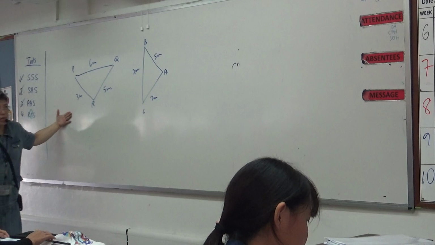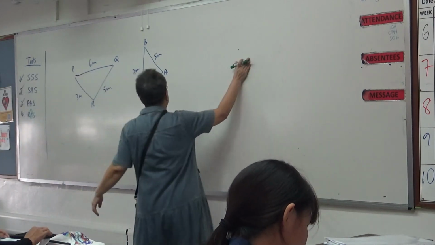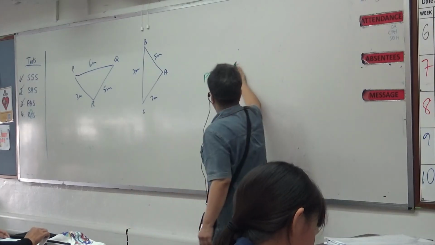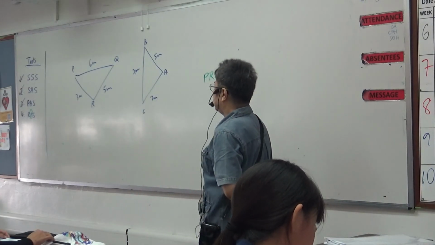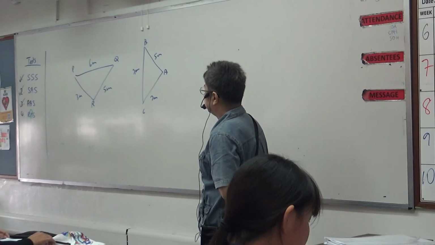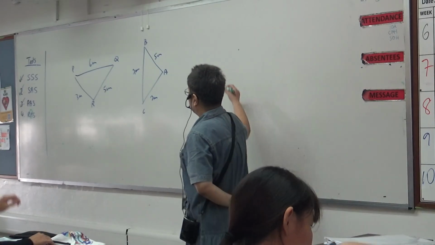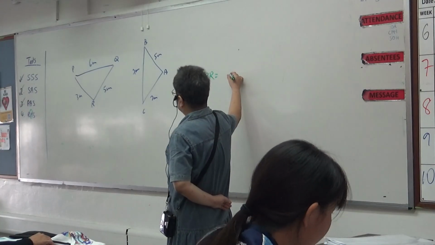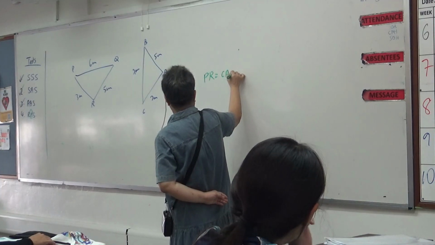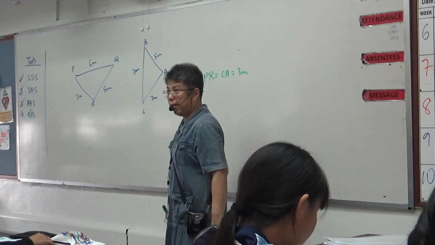Okay, but they say to prove that it's not congruent. So what do we do? PR equals to what? PR equals to CA, equals to 3 cm, correct?